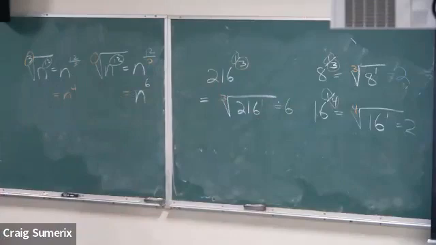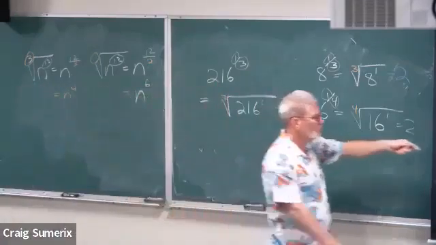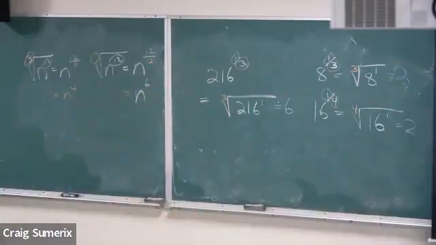When they write it as a fraction like this, they call these rational exponents. So what would this be as a rational exponent? I call it a fractional exponent.